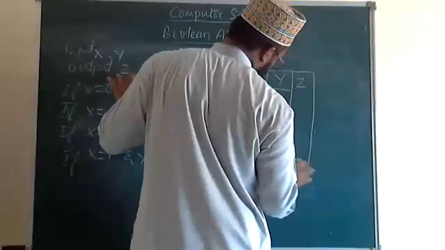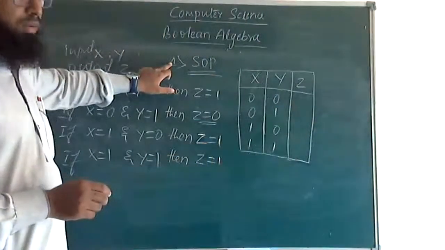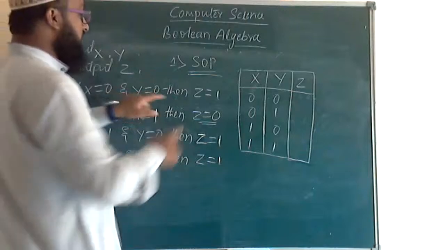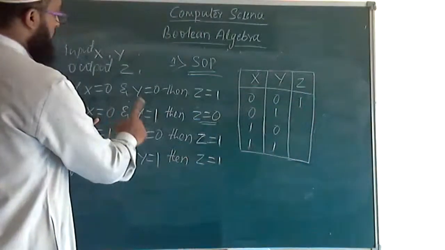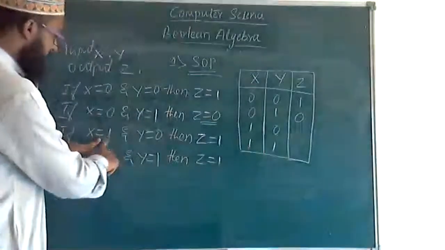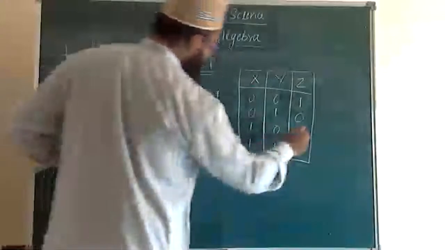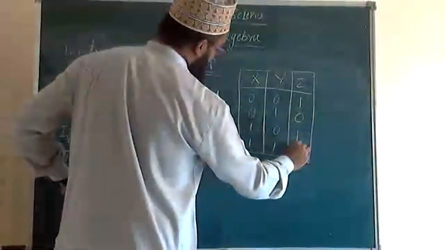So then, what is the rule of SOP? If x is 0, y is 0, then z is 1. If x is 0, y is 1, then z is 0. If x is 1, y is 0, then z is 1. If x is 1, y is 1, then z is 1.